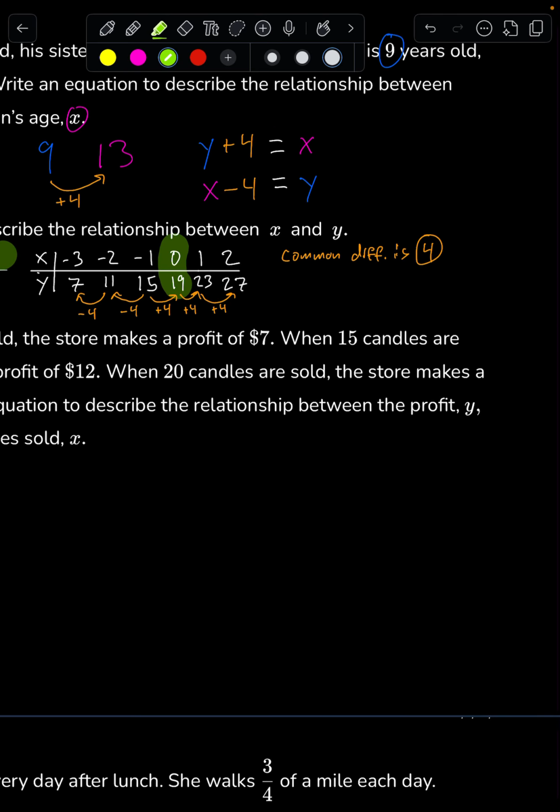What we can do is we can say, let's take the common difference of 4 and multiply that by our x value. If I were to do that, 4 times, let's say 0 for x, I would just get 0. But what I need is 19. So I have to ask myself, well, what do I have to add to 0 to get 19? I have to add 19.